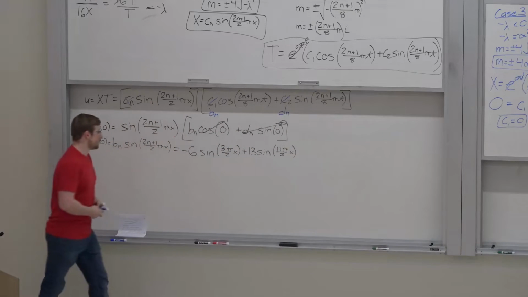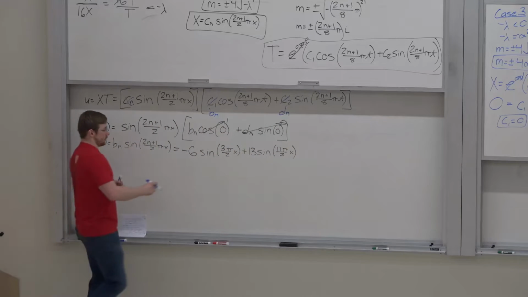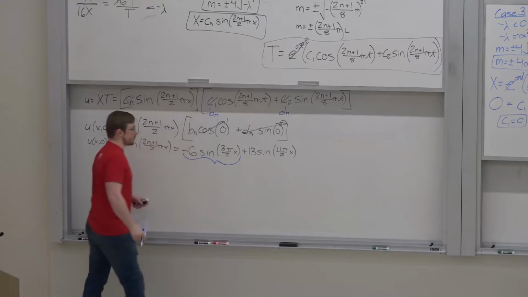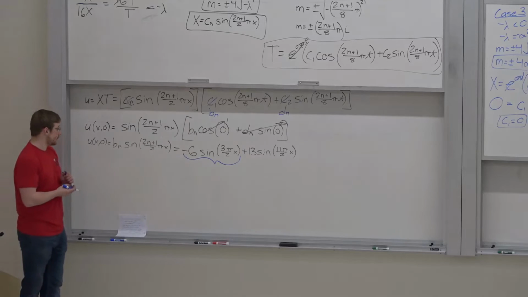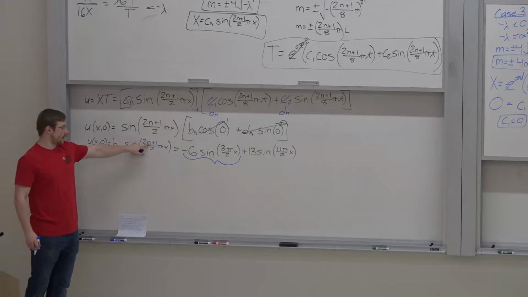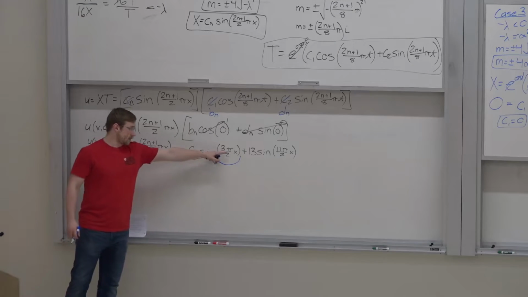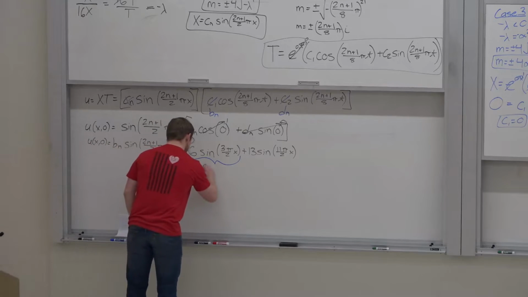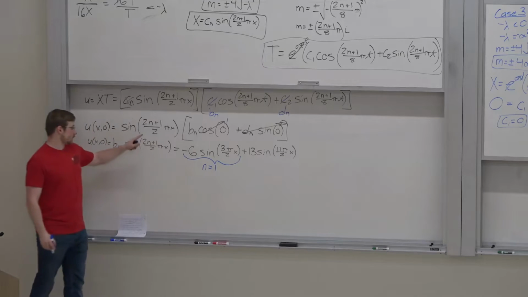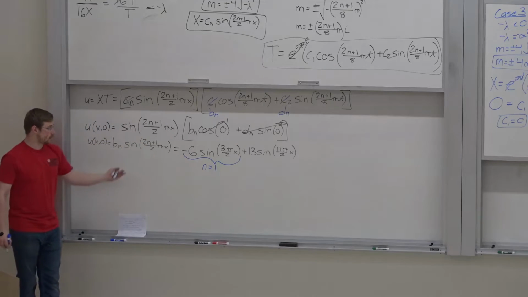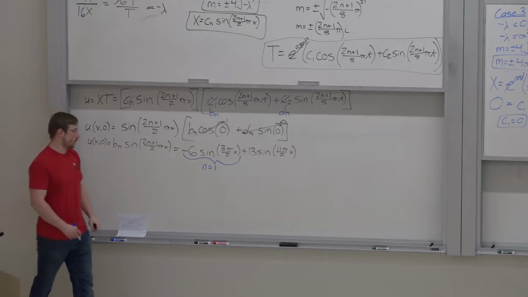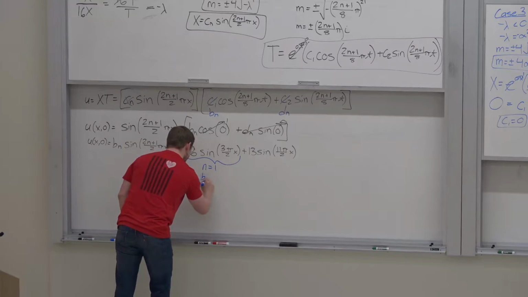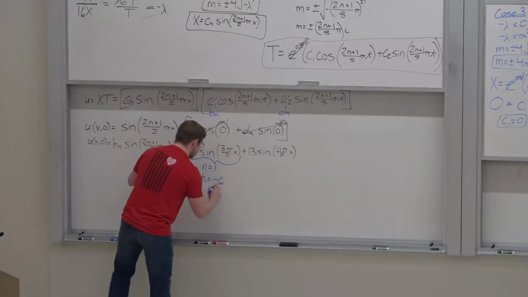So let's do that. I look at this first term, and I need to see what my n value is going to be. What value of n do I plug in that gives me a 3 pi over 2? Well, n is equal to 1. So I plug in n equals 1, it's going to give me 2 times 1 plus 1, which is 3 over 2 pi, which is what I want. And my b sub 1 is going to be negative 6.